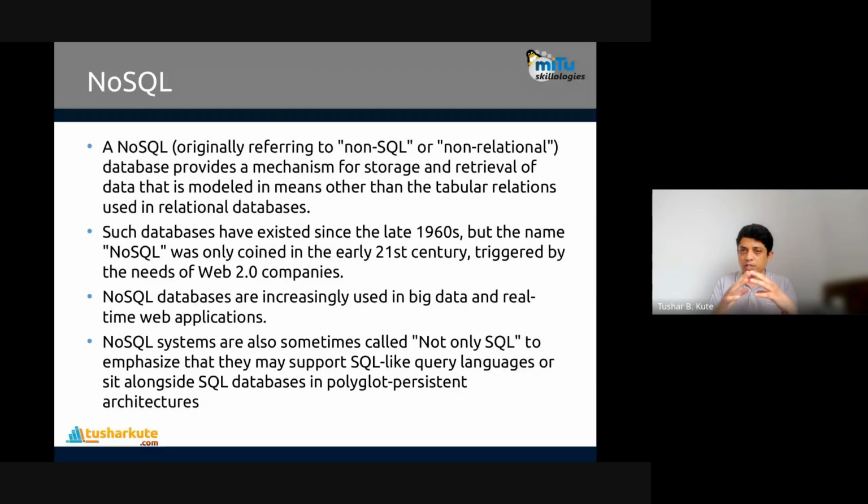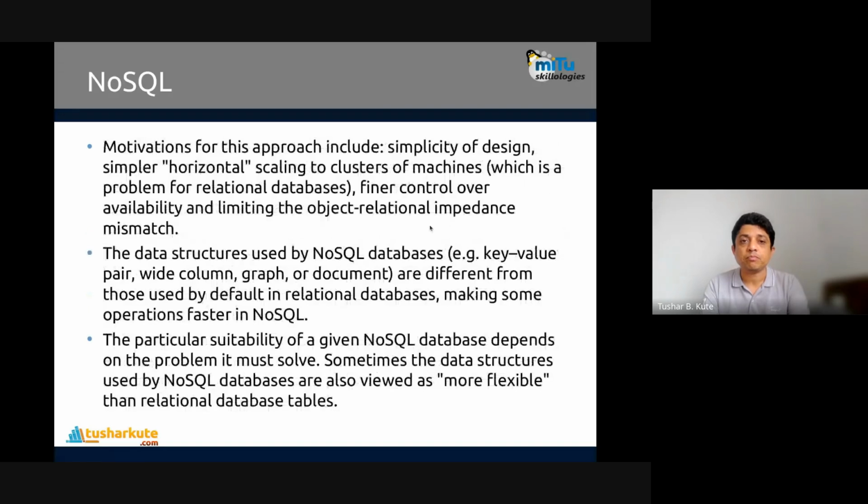Polyglot scalability means you can make it scalable to any number of data and any wide range of applications. That's why it is a polyglot persistence architecture. So not only structured but unstructured and semi-structured data can also be stored inside a database, which we call a NoSQL database. That is the common, general-purpose definition of NoSQL databases.